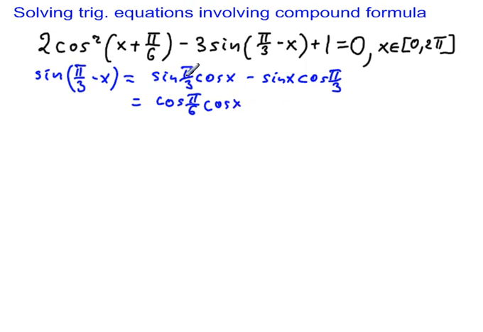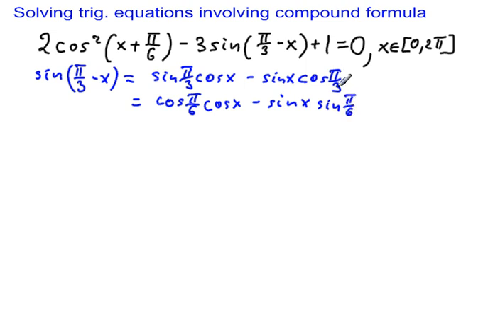So sine pi over 3 was converted into the cofunction cosine pi over 6, the same equivalent ratio, minus sine x, and cosine pi over 3 will be converted into sine pi over 6.